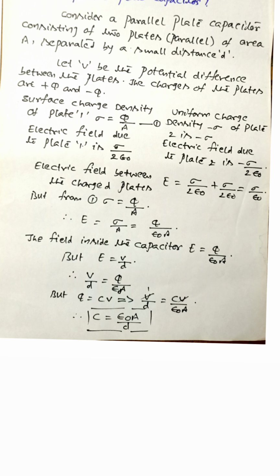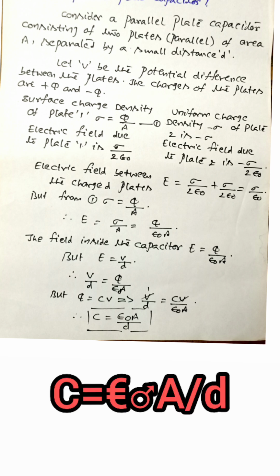So V by d is equal to q by epsilon 0 A. But charge q is equal to capacitance into potential difference, q is equal to CV. That implies V by d is equal to CV by epsilon 0 A. So on cancelling V on both sides, we get C is equal to epsilon 0 A by d. This is the expression for the capacitance of a parallel plate capacitor.